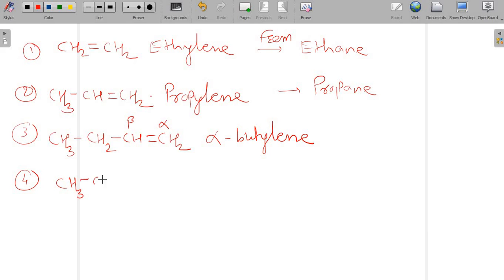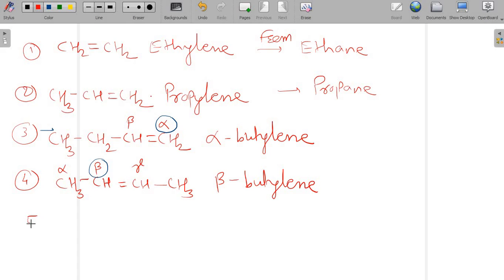This is CH3, CH double bond CH, CH3. If you give the numbering, this is alpha, beta and gamma. The double bond occurs at the beta position here, and in the previous example it was at the alpha position. That's why the third example is alpha butylene and this fourth one is beta butylene.